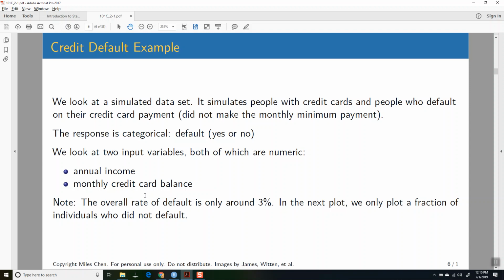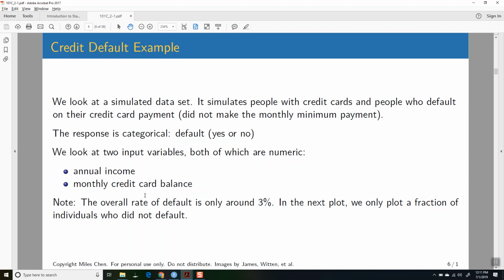The idea here is that people have credit cards, and not everybody makes the minimum monthly payment. Around 3%, so 1 in 30 people, will miss the minimum monthly payment, and that will hurt their credit score. We say that these people defaulted on their credit card payment.